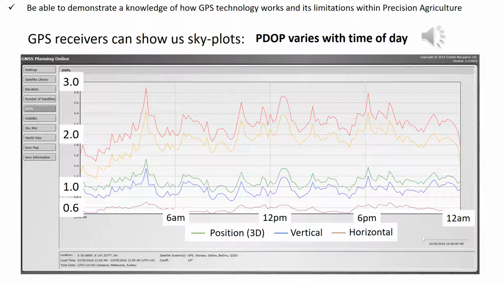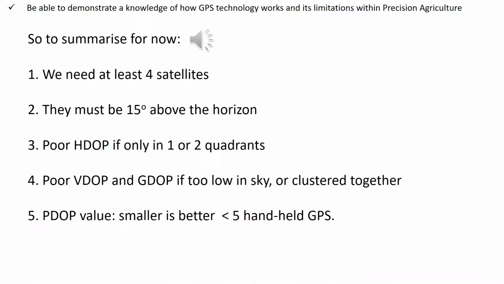All the lines that we're seeing, just to summarise, the PDOP is a combination of the vertical and horizontal dilution of precisions. To summarise for now, to accurately determine our location, we need at least 4 satellites. They must be 15 degrees above the horizon.